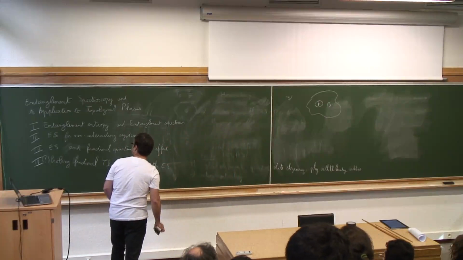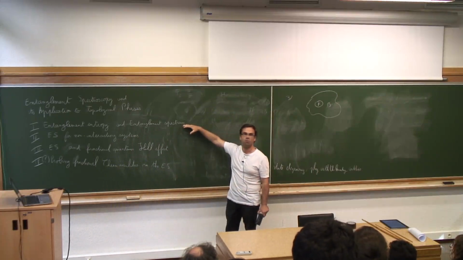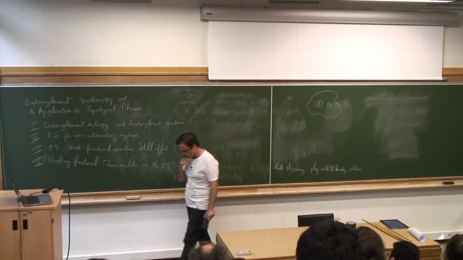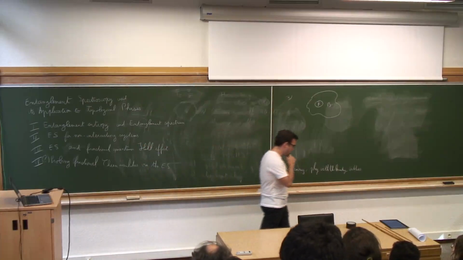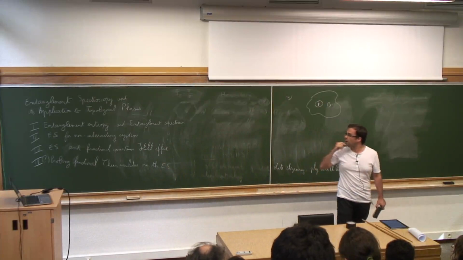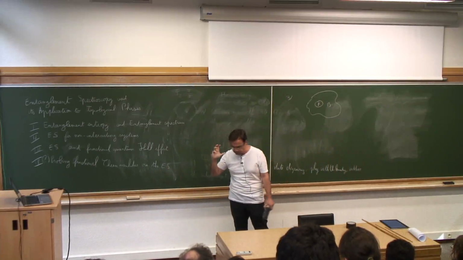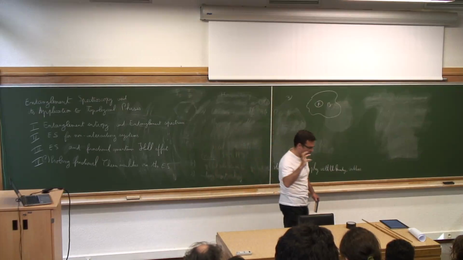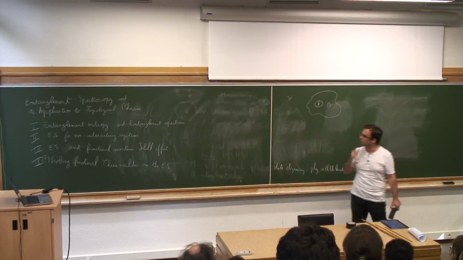So about the plan of my lectures, today we will discuss the idea of entanglement entropy and topological correction. I will give you the definition of the entanglement spectrum. I will show you the relation between the edge physics and the entanglement spectrum for a simple case.